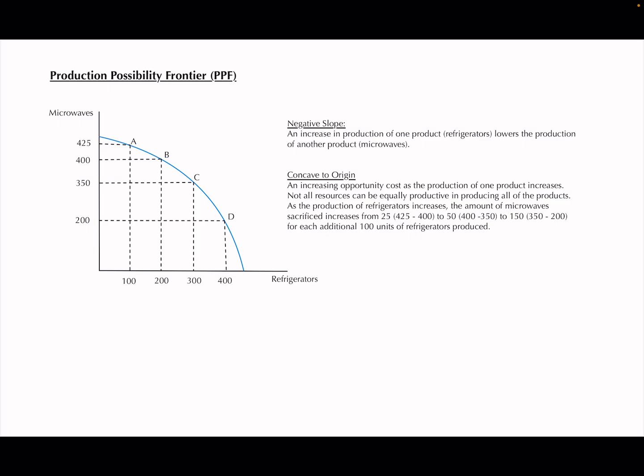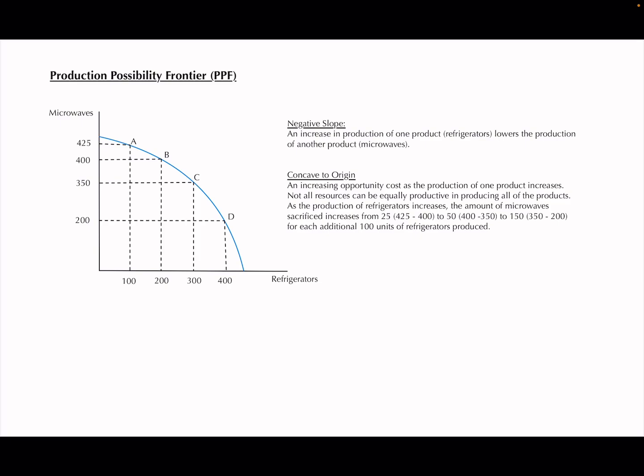For example, if we are producing primarily microwaves, like from point A to point B, then the microwaves sacrificed is only 25 for the production of 100 more refrigerators. This is a considerably lower opportunity cost than from points C to D, which is 150 microwaves for the production of 100 refrigerators.